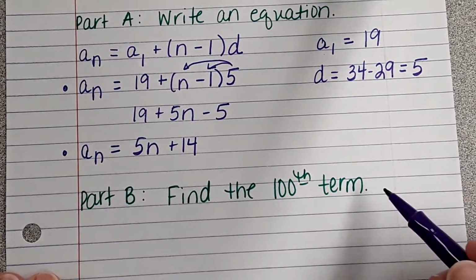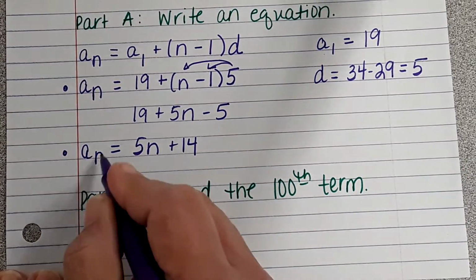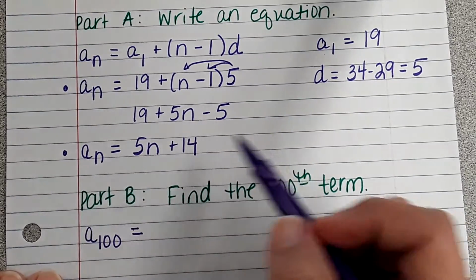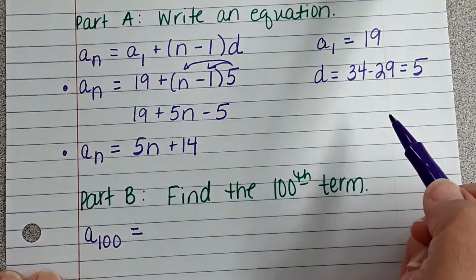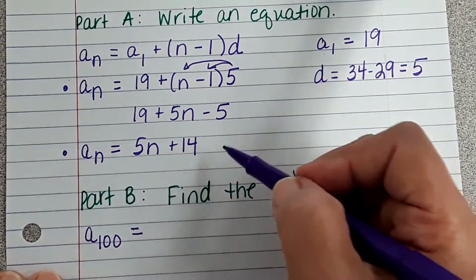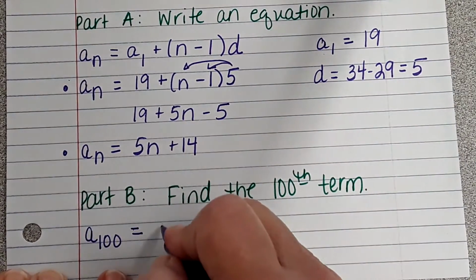So to find the 100th term, A100, because n is 100 now, which equation do you want to use, the one before we distributed or the one after? We'll use the one before.